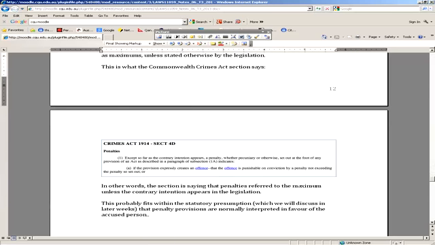The Commonwealth Crimes Act section says, except so far as the contrary intention appears, whether pecuniary or otherwise, a penalty indicates that the offence is punishable by a penalty not exceeding. So what it's saying is that's the maximum. Anything from 0 or from nothing to the maximum is the range of acceptability.